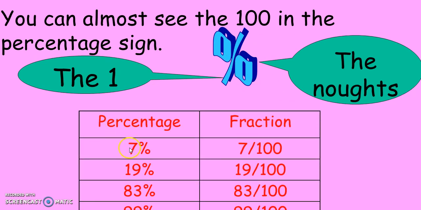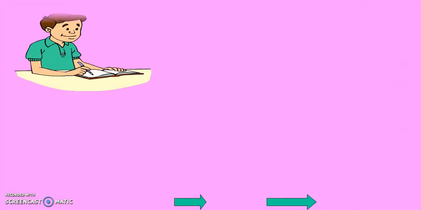So what is meant by 7%? It means 7 out of 100. 19% means 19 out of 100. 83% means 83 out of 100. And what is meant by 99%? 99 out of 100. So this is the method of how you can convert the percentage into fraction.